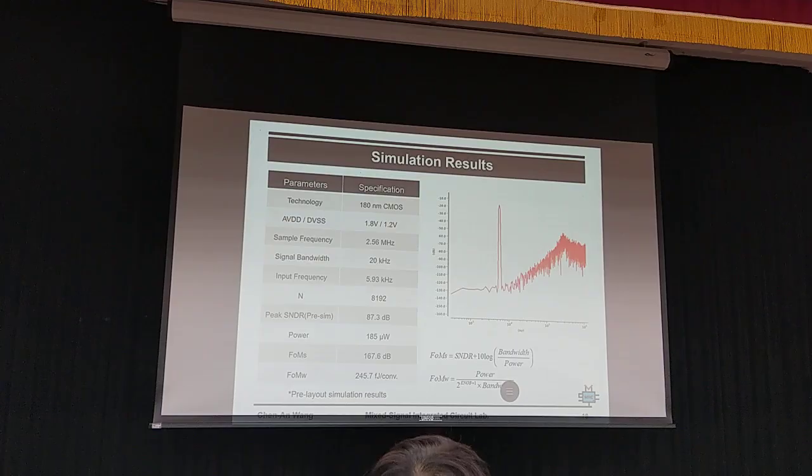We apply a 5.93 kilohertz sine wave input. The simulation achieved a peak SNDR of 87.3 decibels. The total power consumption is only 185 microwatts.